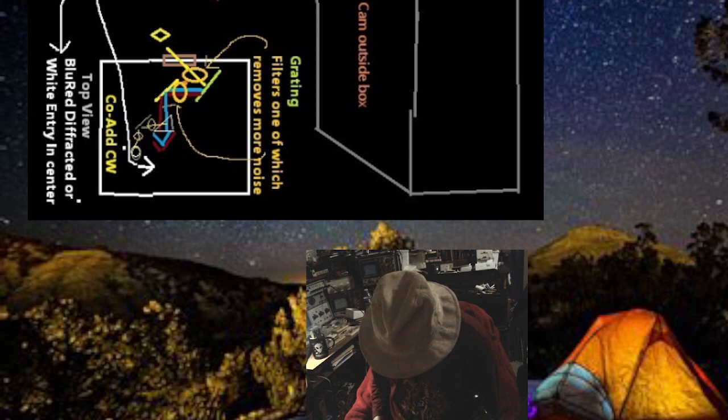Let's see. The beam splitter, so if I go, this is looking, this is left, this is right, this is up, this is down. And the beam splitter is going to be centered in such a way that the first beam goes to the right, so that means the beam splitter is going to look like this.